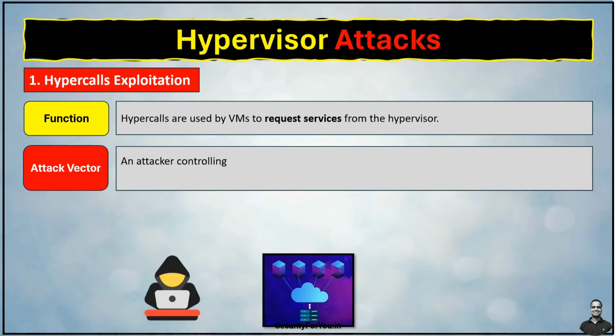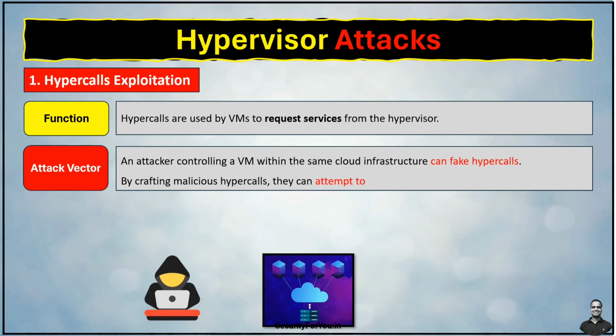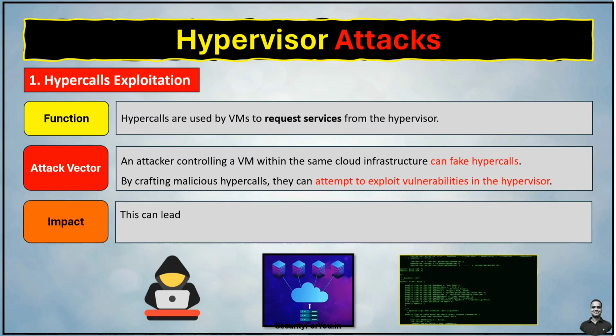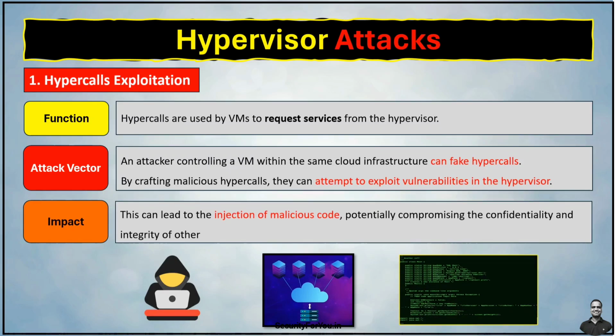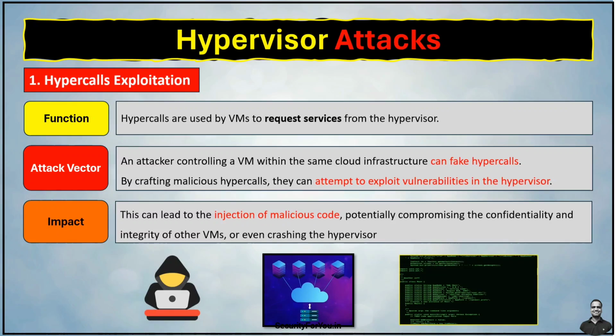An attacker controlling a virtual machine within the same cloud infrastructure can create fake hypercalls. And by crafting malicious hypercalls, they can attempt to exploit vulnerabilities in the hypervisor. And the impact is, it can lead to the injection of malicious code, potentially compromise the confidentiality and integrity of other virtual machines, or even crash the hypervisor, right?